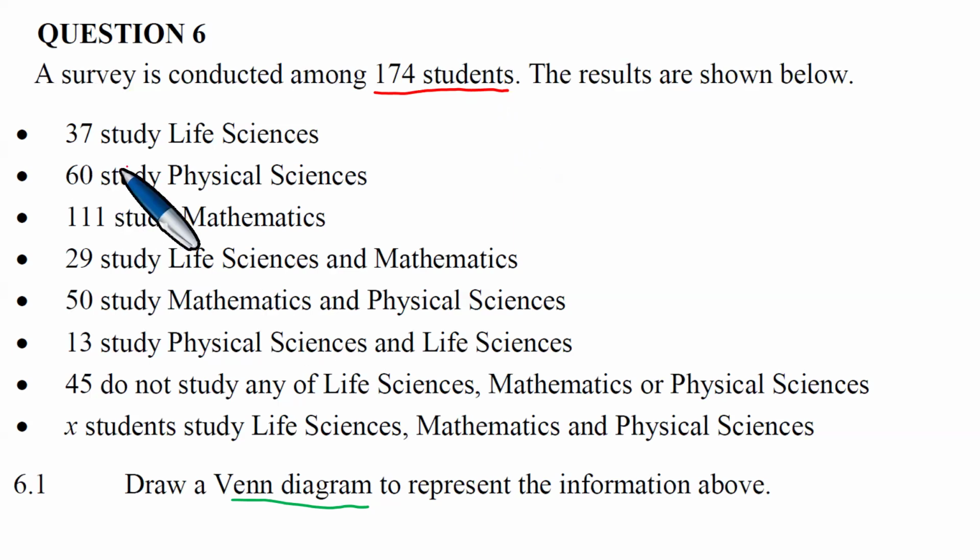So you have 37 students who study life sciences, 60 study physical sciences, 111 study mathematics, 29 study life sciences and mathematics, 50 study mathematics and physical sciences, 13 study physical sciences and life sciences, 45 do not study any of life sciences, mathematics, or physical sciences.